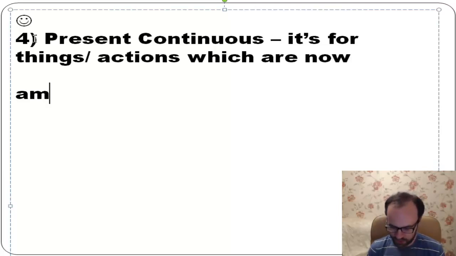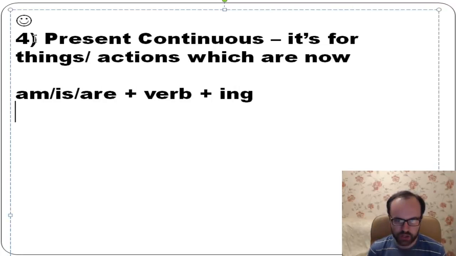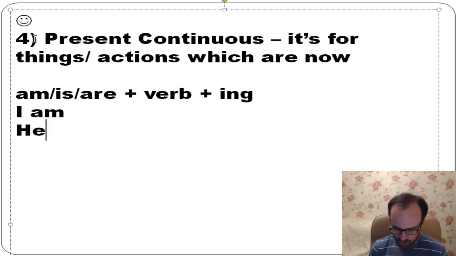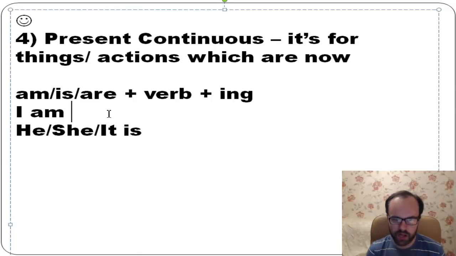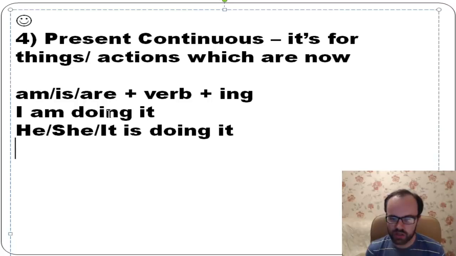How do we form this tense? Am, is, are plus verb plus ing. So I am, he, she, it is. For example, I'm doing it. He is doing it. She is doing it. It is doing it.